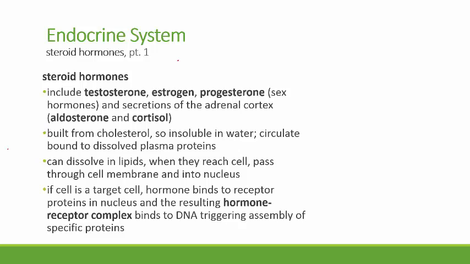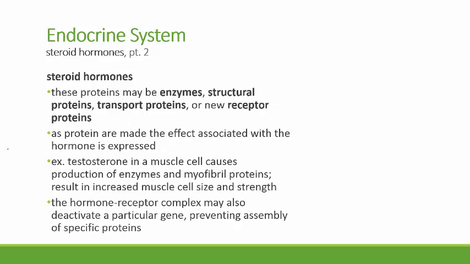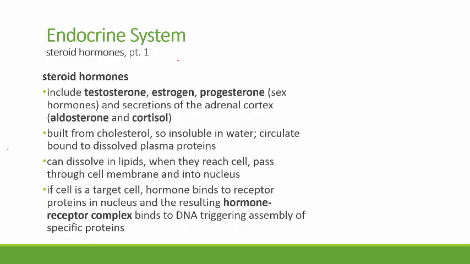So we have the hormone bound to the receptor protein, forming the hormone receptor complex. And then this triggers the production of mRNA that will then be used in the cytoplasm to assemble specific proteins at the ribosome.